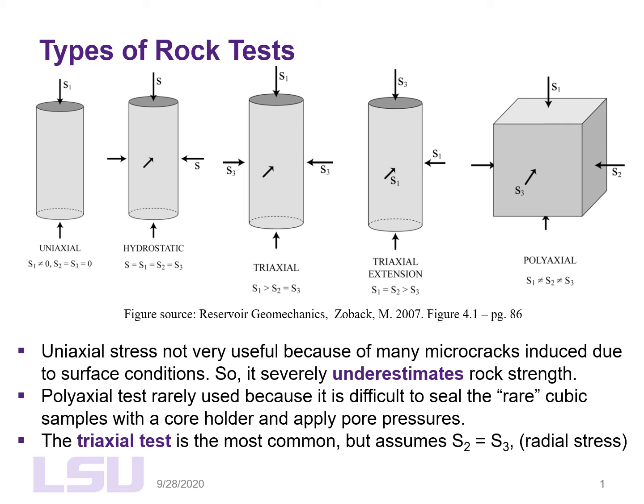There are different types of tests we can perform on a rock sample, and here I list out all of them. So the uniaxial compression test is one, which basically says you do not apply any radial confining stress.